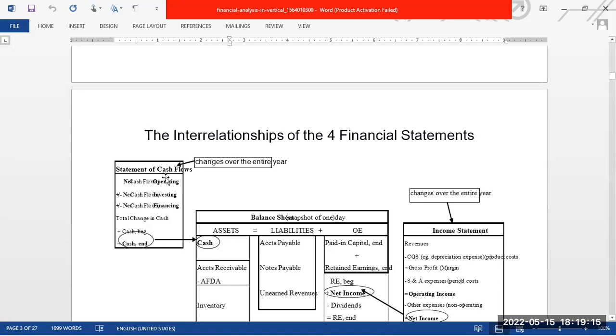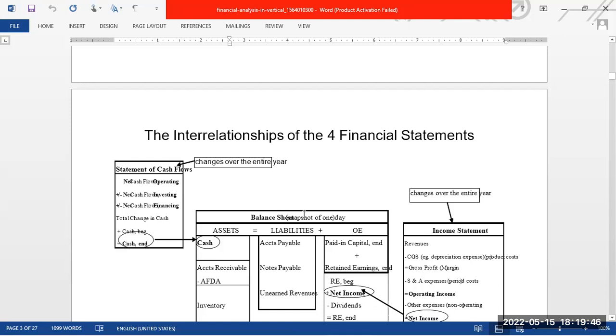So we looked at the statement of cash flows, and we learned that this mostly involves changes over the entire year. Then the balance sheet is just a snapshot of one year or one day or any other day. But as far as accounting is concerned, you know that assets equal liabilities plus capital, and by now everyone should know that.